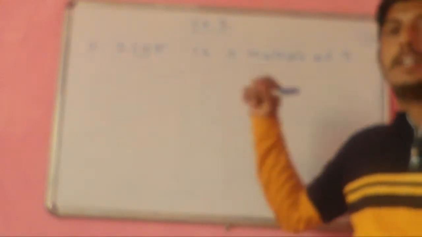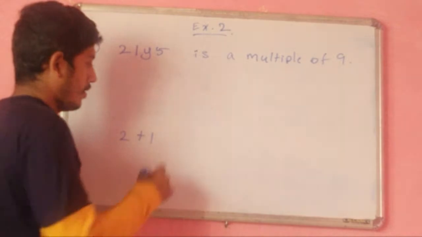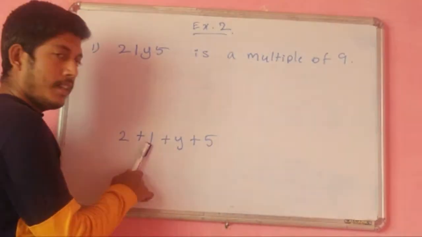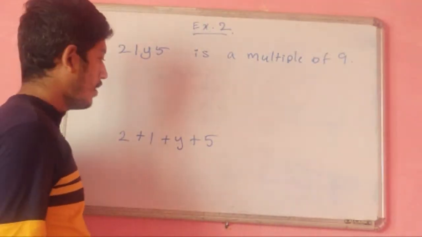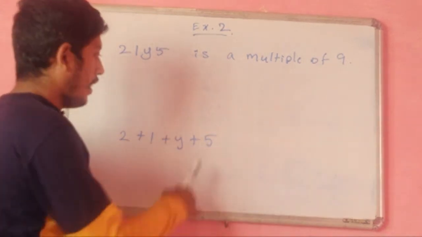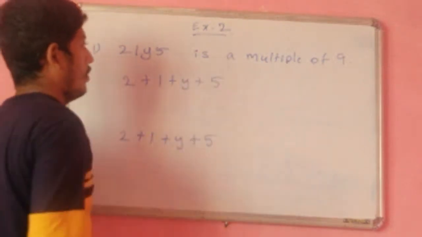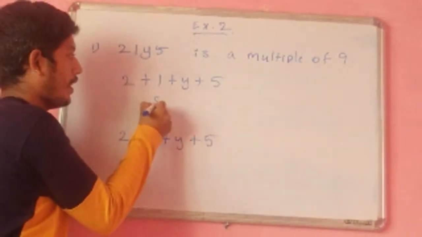Okay, in which case will we get the sum as a multiple of 9? So here 2 plus 1 plus y plus 5. 2 plus 1 is 3, 3 plus 5 is 8, so 8 plus y.